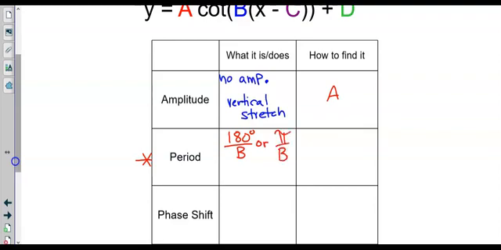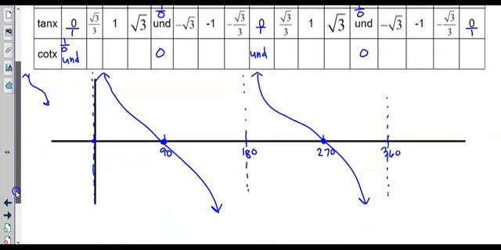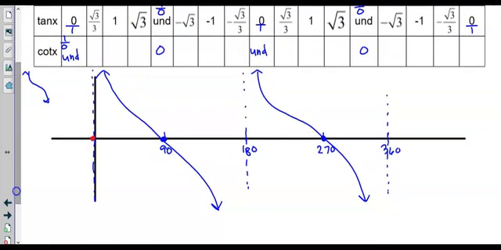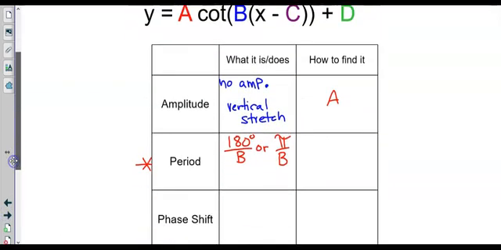Okay, so take note of that. If we flip back here to one of our pictures, you can see that a cycle starts at 0, ends at 180, and then you repeat from there. So 180 degrees instead of 360 degrees. So you're going to find that, again, at your B value.